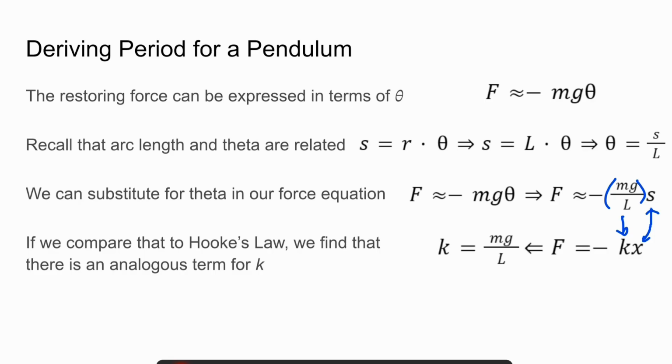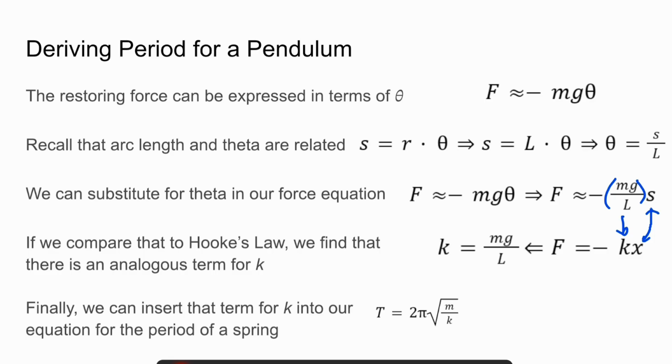Now we have an expression for k, and we can insert it into our period for a spring. So remember that our period for a spring was equal to 2 pi times the square root of the mass of the weight on the end of the spring divided by k, the spring constant of that spring.